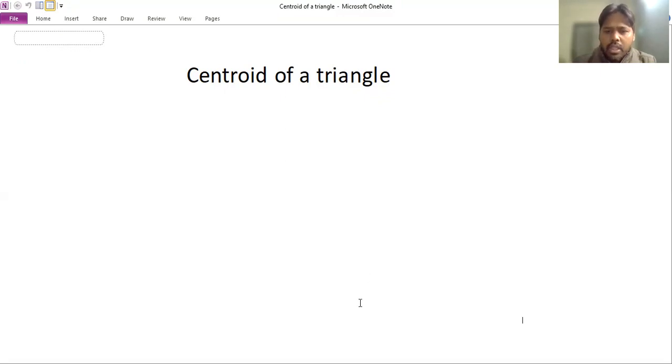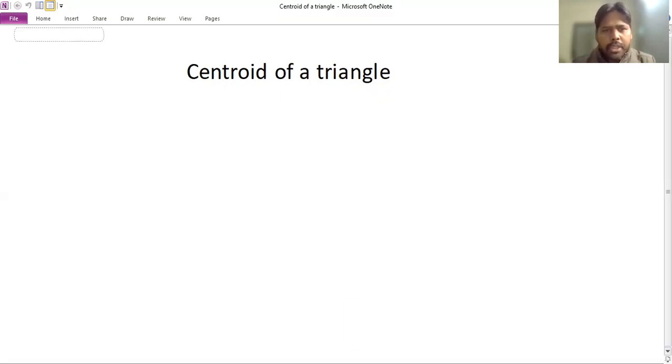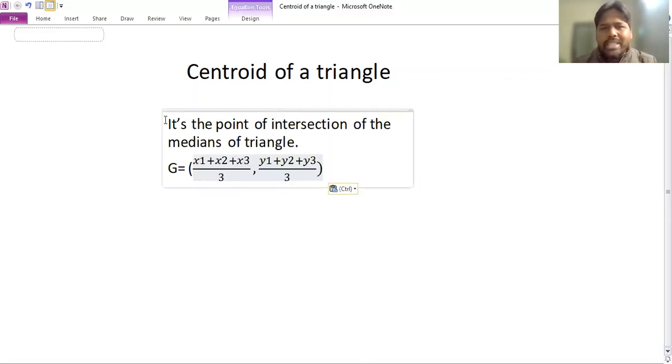So let us directly switch to the topic, the centroid of the triangle. If we talk about the centroid of a triangle, the centroid is defined as the point of intersection of the medians of the given triangle.